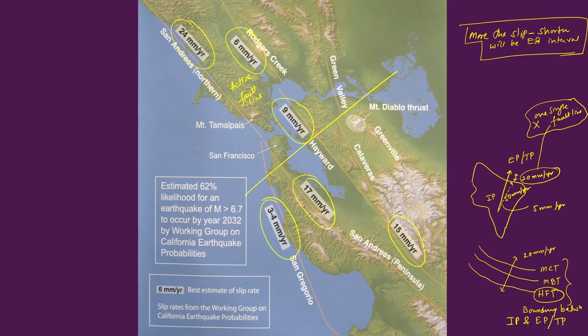But here we use GPS measurements, which give us short-term deformation, and geological, or we can also say geomorphological, studies and findings, which give us the long-term picture.